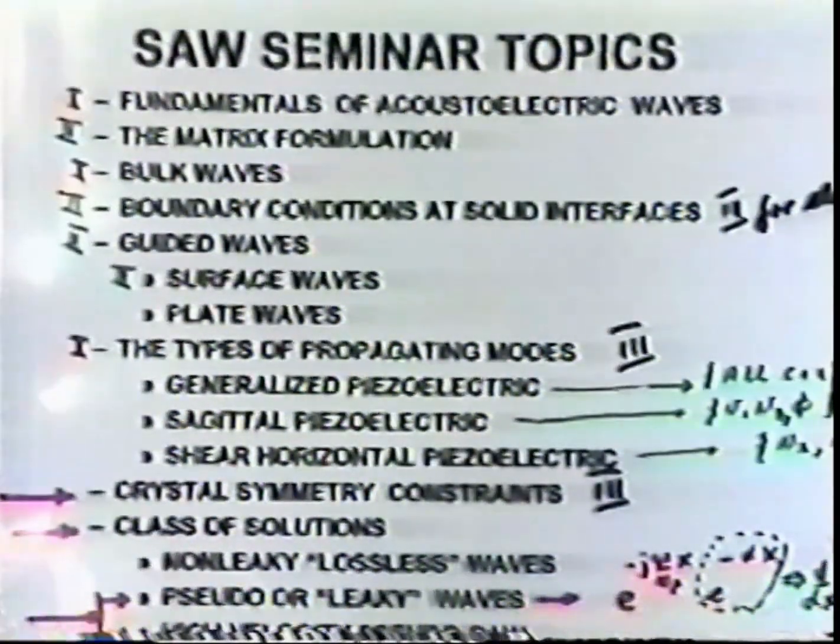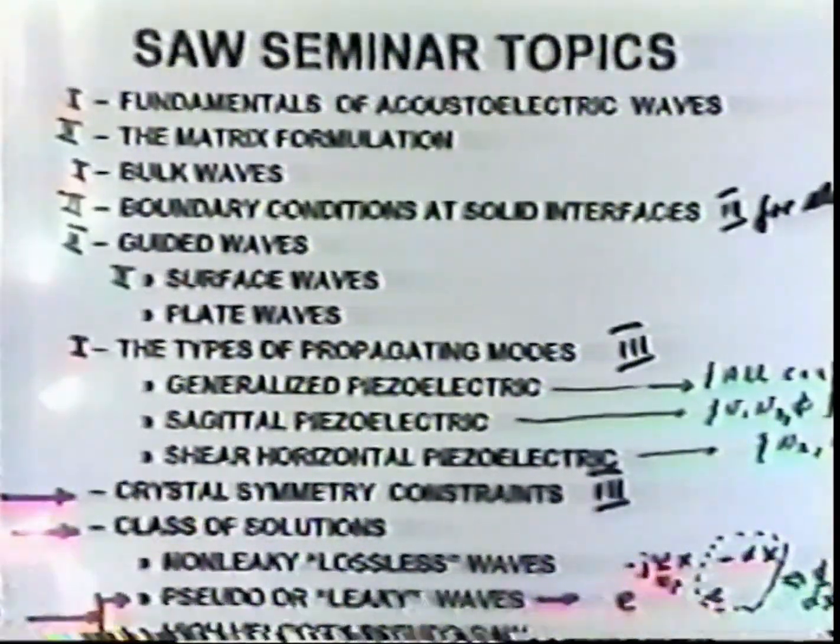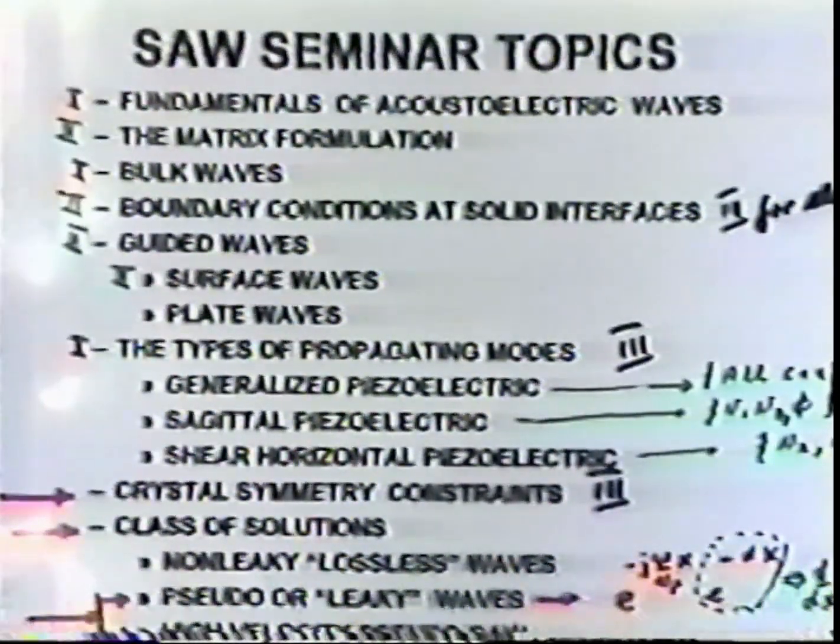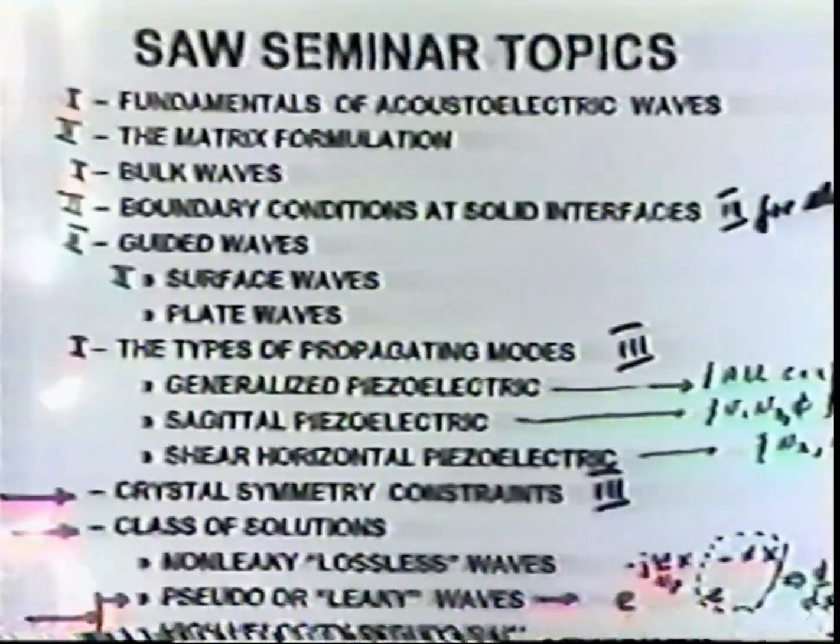Just to remind you a little bit of what we discussed the other day, we took a look at the types of propagating modes again, and I did mention the generalized piezoelectric, in which all the field variables are coupled together. The other kind was the sagittal piezoelectric, in which the sagittal displacement or velocity fields and the electric potential are coupled.